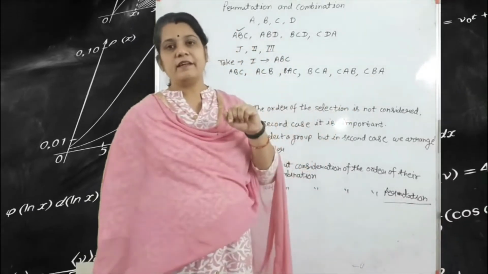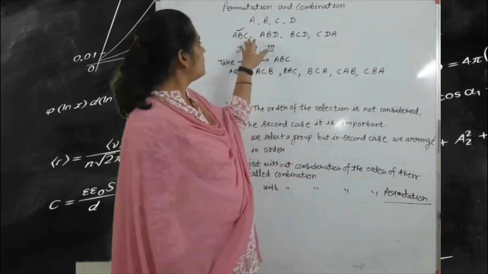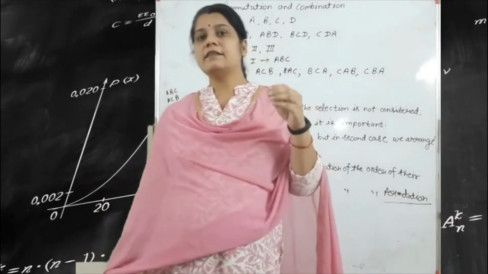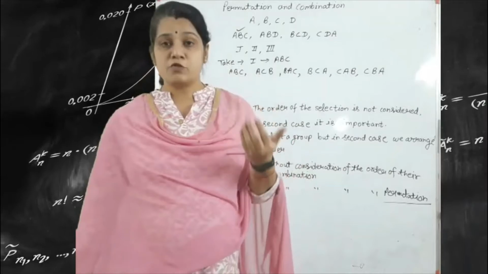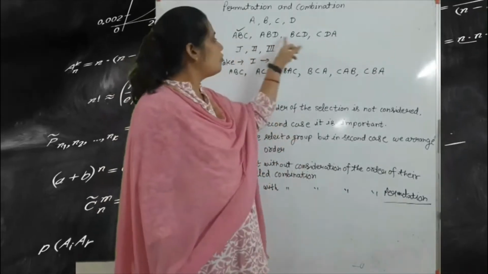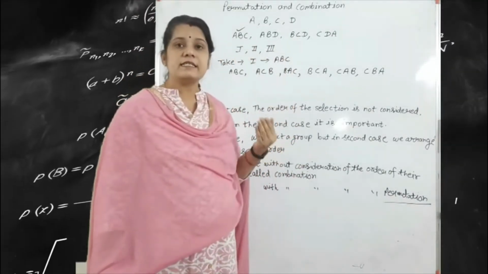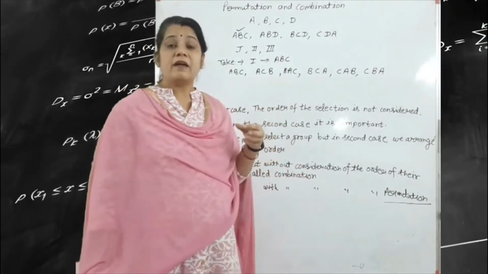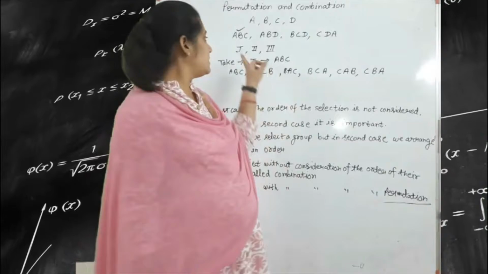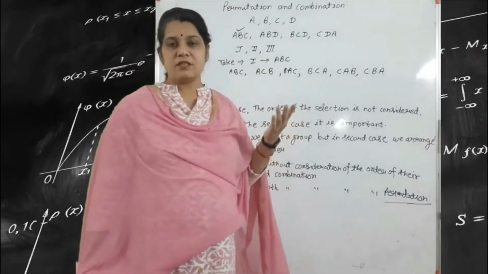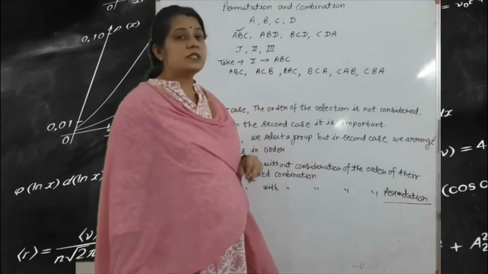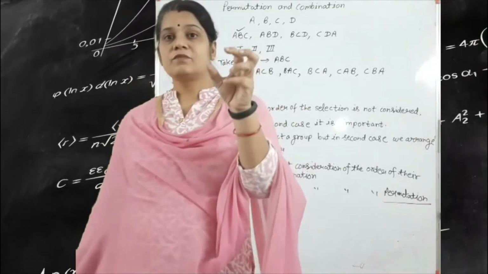So we have four brilliant students, and if we select a group of three, we have four ways. But if we give ranks within each group, first, second and third, because every group has three students, we have 6 ways.